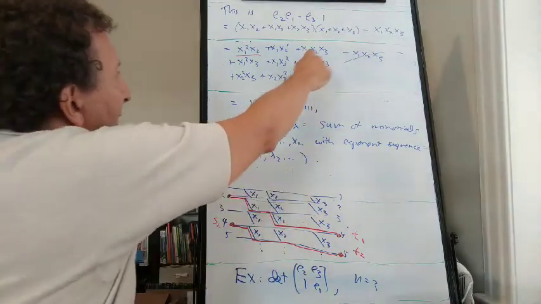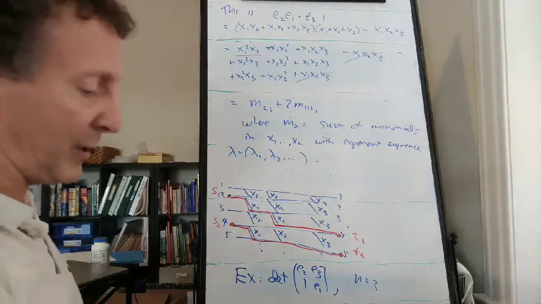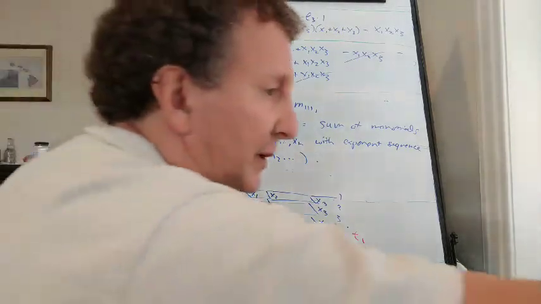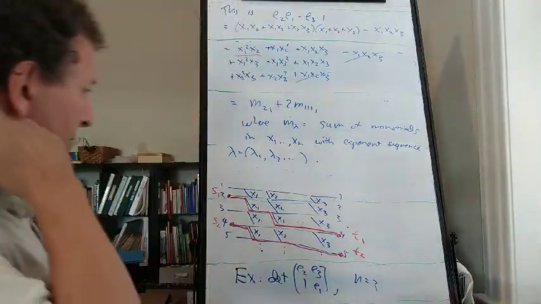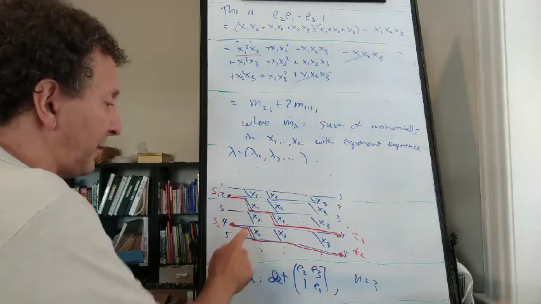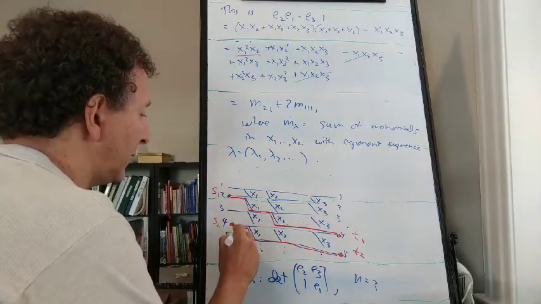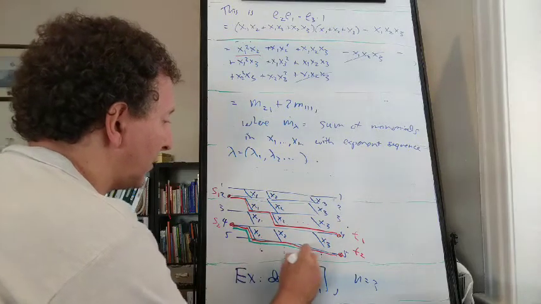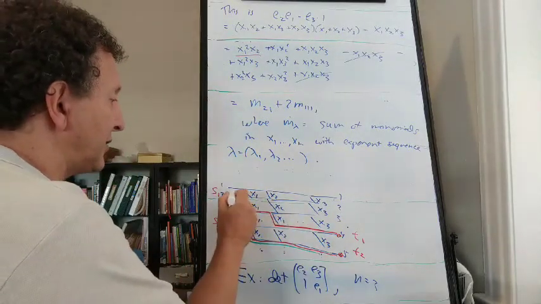So what if we wanted to get x1, x2, x3? I guess there should be two path families that have weight x1, x2, x3. Well, we could take this path again. That'll be an x1. And then we can make this path take an x2 edge and an x3 edge.